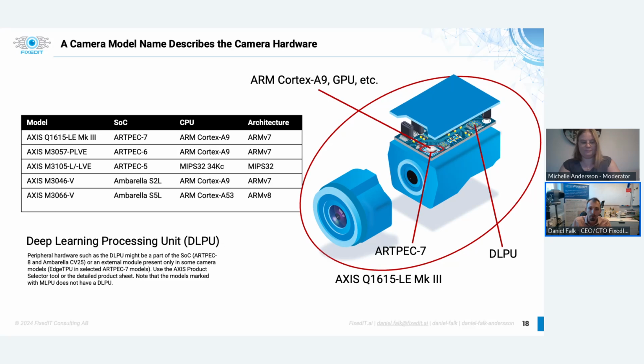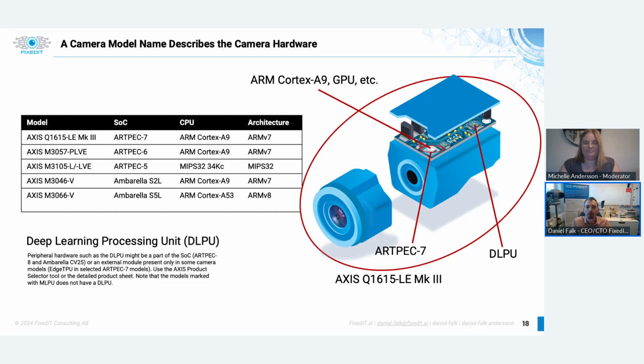And most of the cameras that Axis use today have the ARM architecture, either the V7, which is 32-bit, or the V8, which is 64-bit. And this is the most important thing to know as a developer, because it decides which compiler you should use. Should you compile it or cross-compile it with this compiler or that compiler?